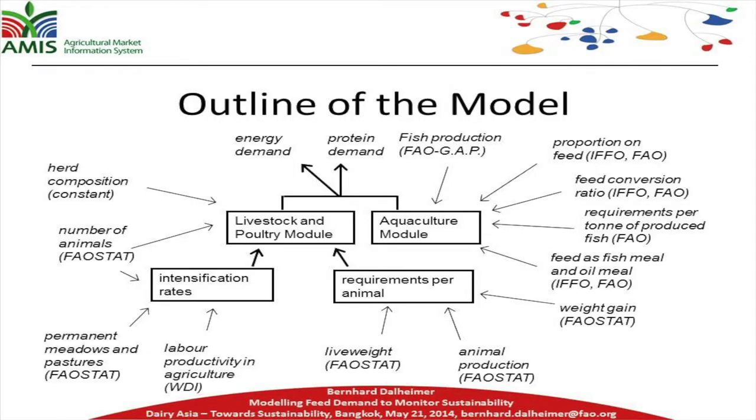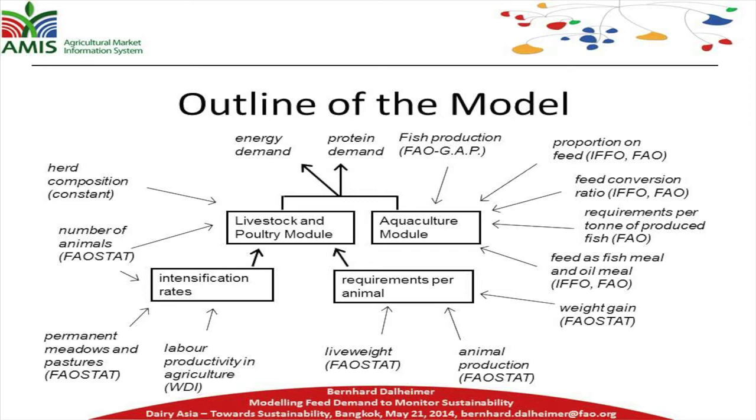Okay, this is an overview of the outline of our model. Basically, energy demand or protein demand, which together is the feed demand, is composed of livestock and poultry demand and the aquaculture demand. For modeling the livestock and poultry demand, we're going to need information on herd composition, which is at the moment constant.